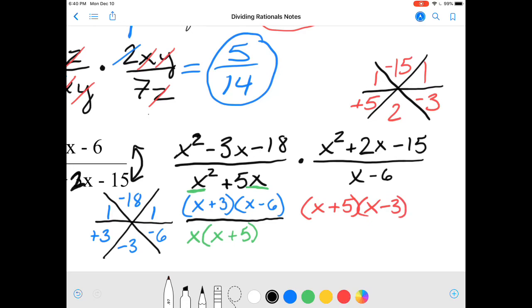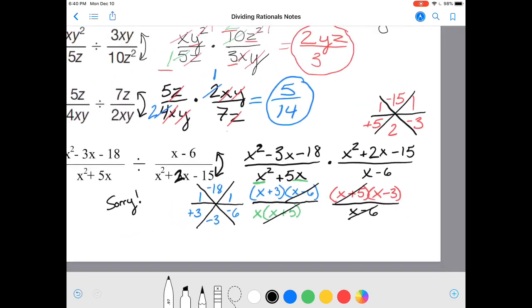And that's going to be over x minus 6, because that's already factored and we don't have to worry about it. Now we're going to cancel out our common factors between the numerators and the denominators. So we have x plus 6 that we can cancel, and x plus 5 that can be canceled.